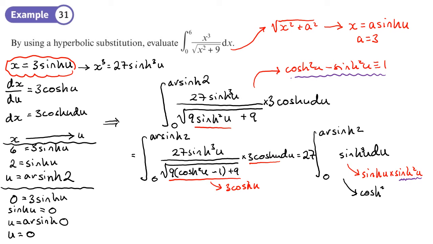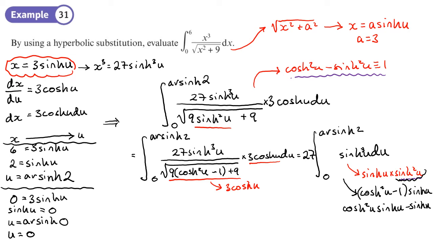cosh squared u minus 1. Okay, so that's this bit here substituted times sine u, which if you expand the brackets becomes cosh squared u sine u minus sine u.